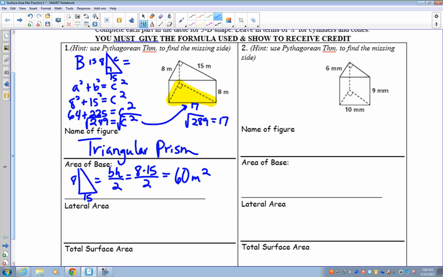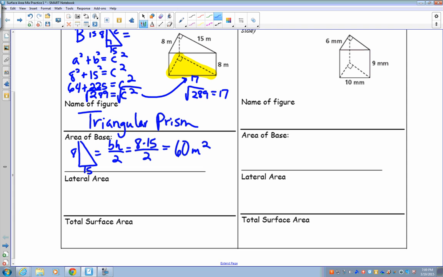Now, for the lateral area, we're going to use our formula, which is perimeter times the height. We found the hypotenuse because in order to find the perimeter, I have to add up my sides. So I'm doing 8 plus 15 plus 17, which gives me a perimeter of 40 meters.